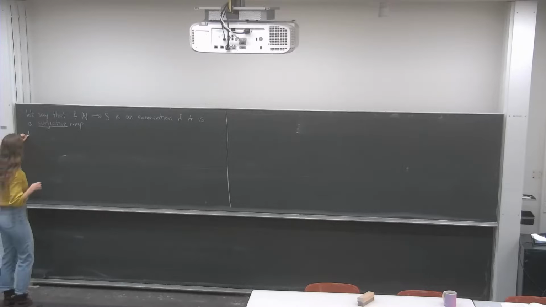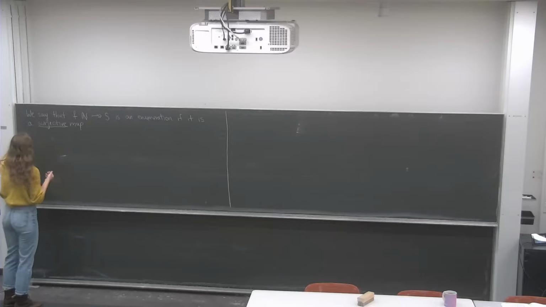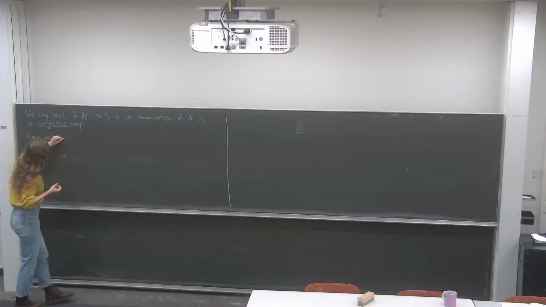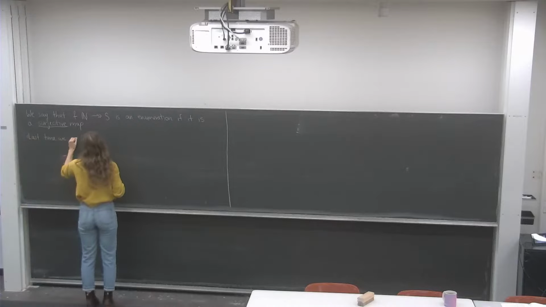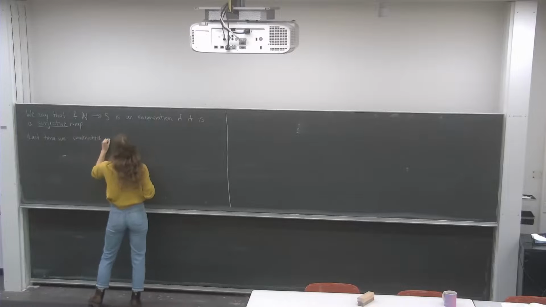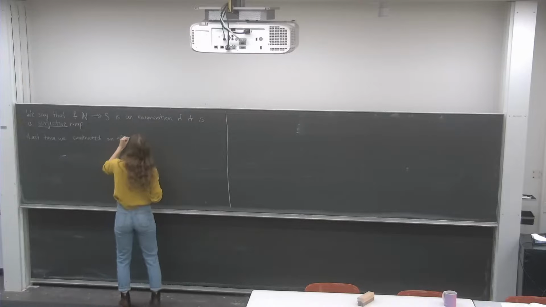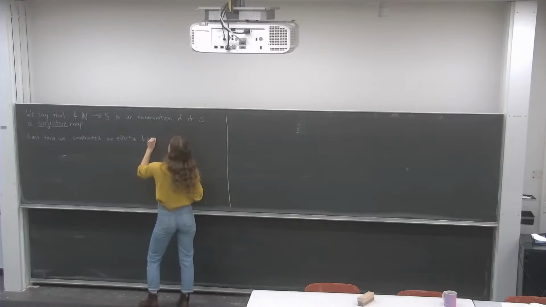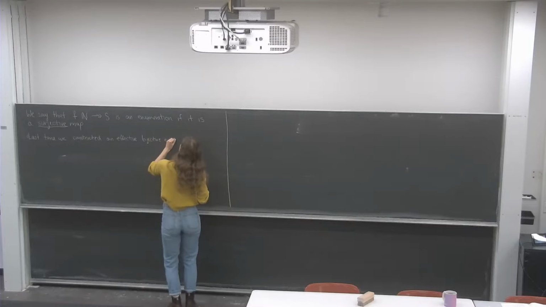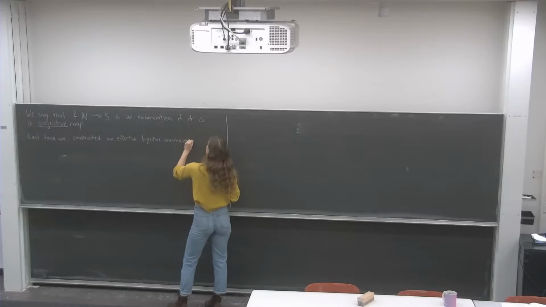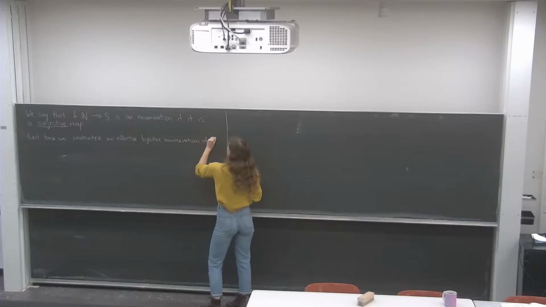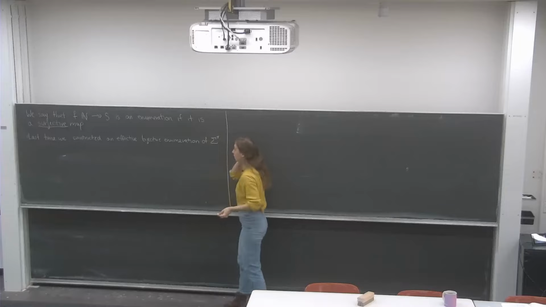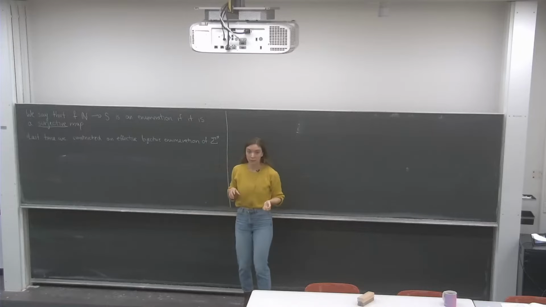So just a remark or a reminder is that last time we constructed an effective bijective enumeration of sigma star, for sigma some finite alphabet.